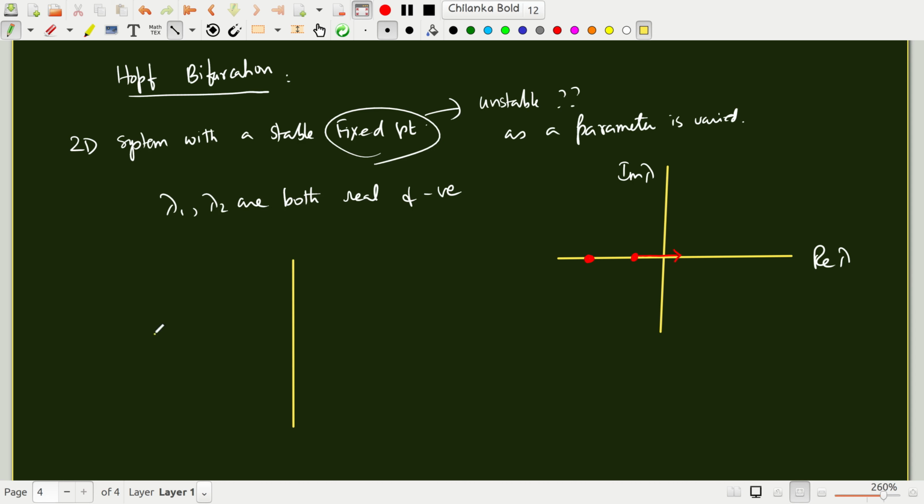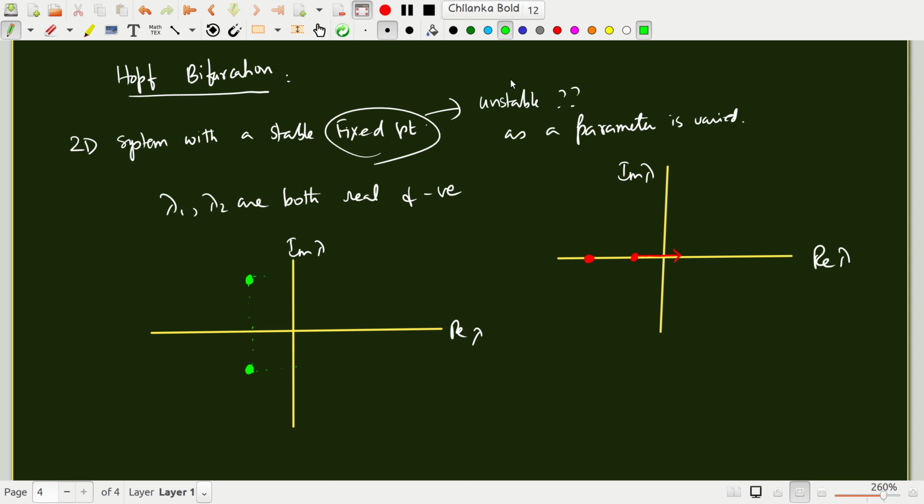But there is also another possibility. This is again the real and imaginary axis. You have 2 eigenvalues that are complex conjugates of each other. So they have the same real part. That's why the x-coordinate is the same, but in y they are symmetrically placed about the x-axis.